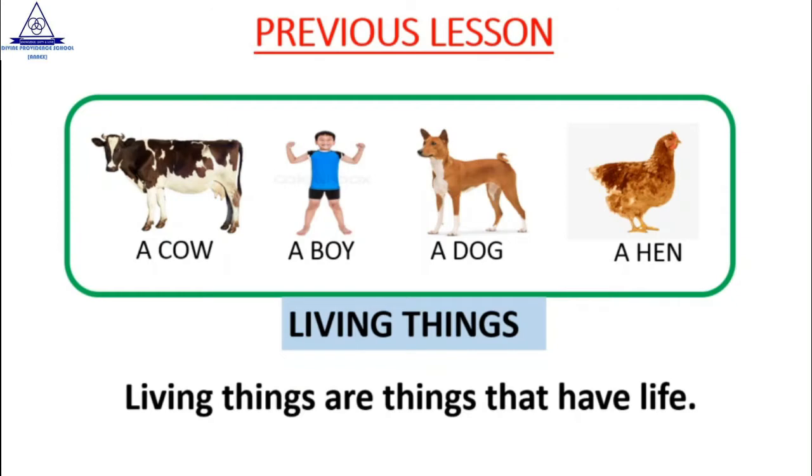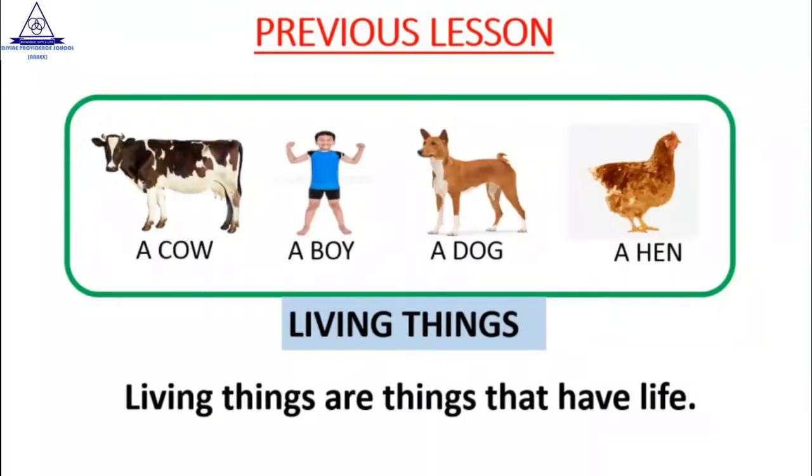Repeat it after me. Living things are things that have life in them. And what are some of the things living things do? They can grow, they can walk, and they can breathe.